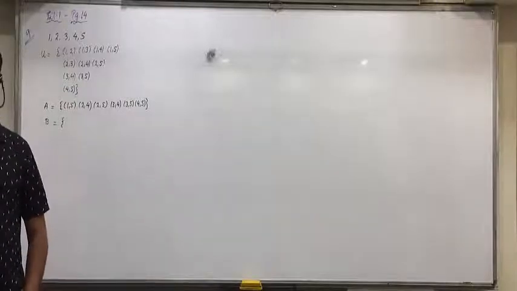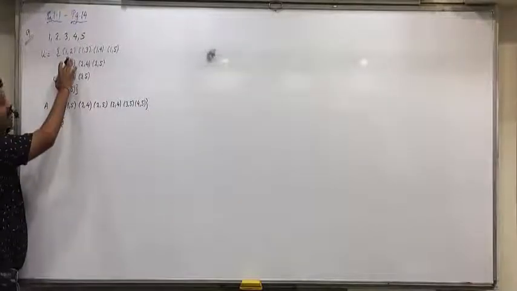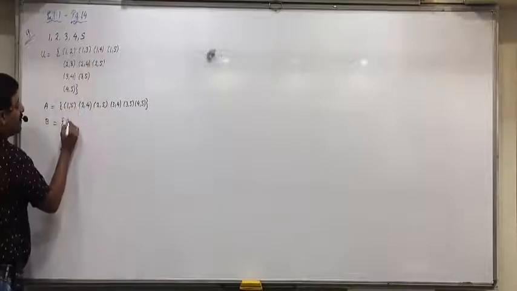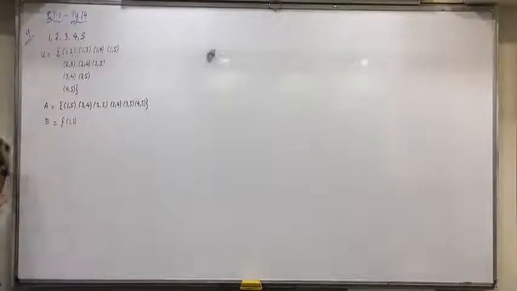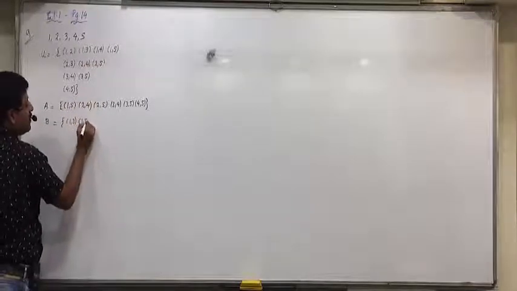We want that the sum of 2 numbers should be even. 1 plus 2, 3 is odd, so it will not be included. 1 plus 3, 4 is even, it will be included. 1 plus 4, 5 is odd. 1 plus 5, 6 is even.